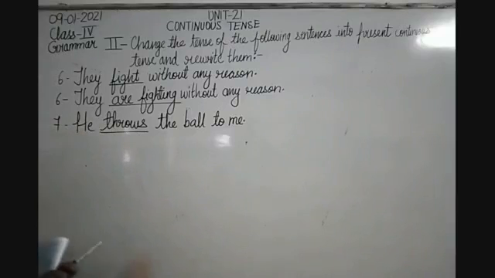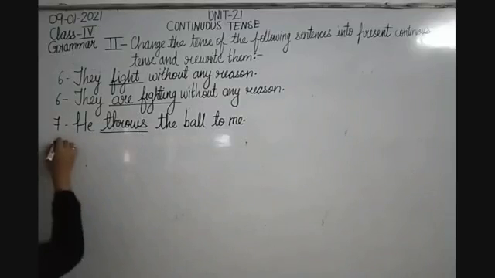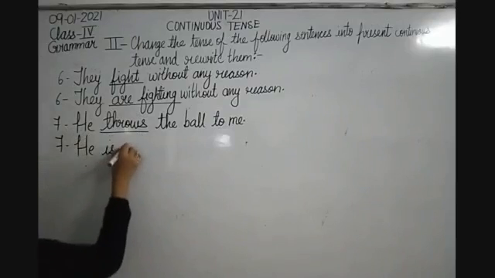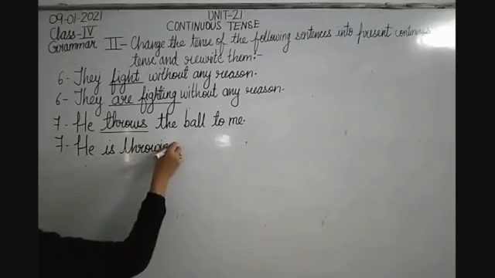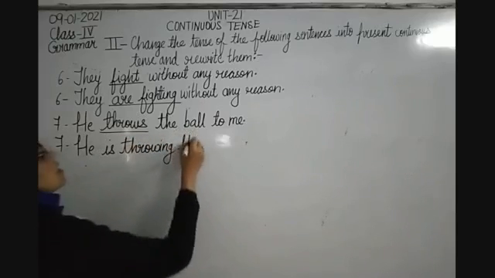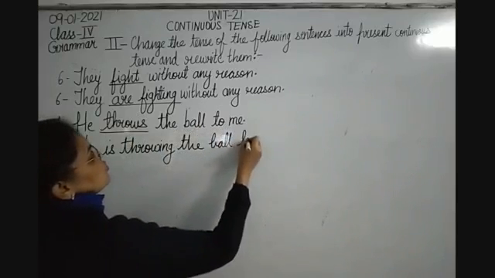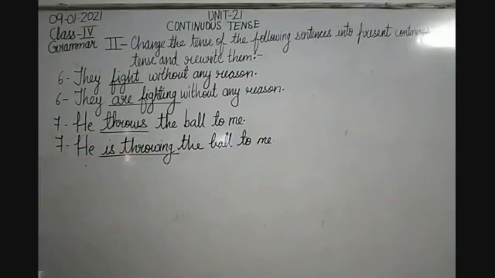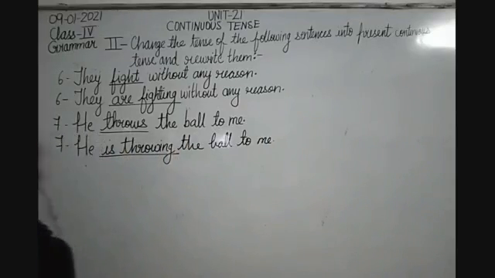What is the subject? He. Which helping verb do we use with he? Is. So our sentence will be: He is throwing the ball to me. Underline is throwing. He throws the ball to me becomes: He is throwing the ball to me.